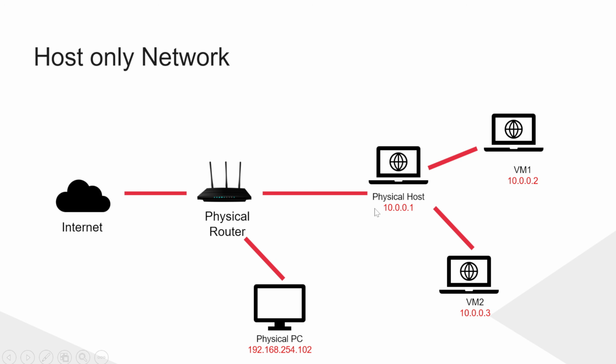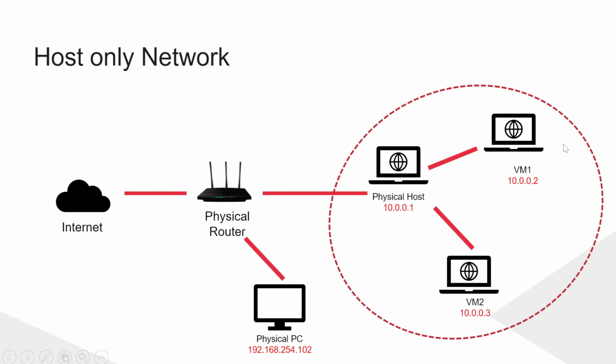You can see here that the IP address allocated to the physical host is different from the IP address of the network. Here VM1 and VM2 are also provided an IP address range by this physical host, and it is also different from the rest of our network.